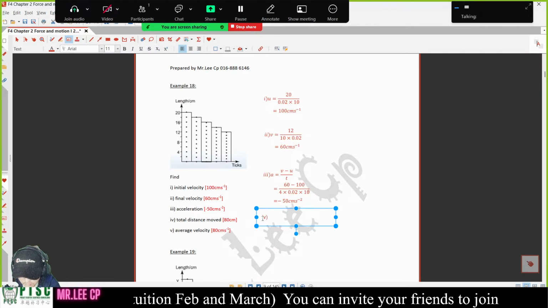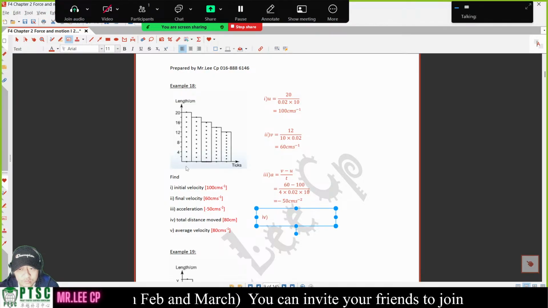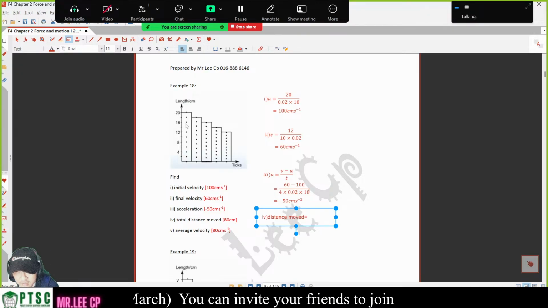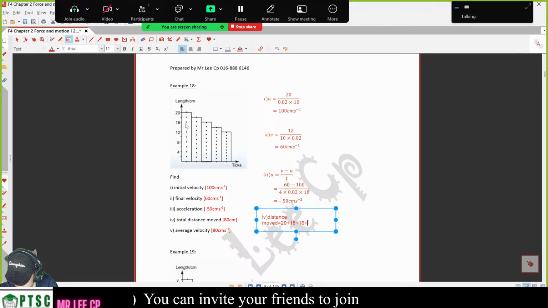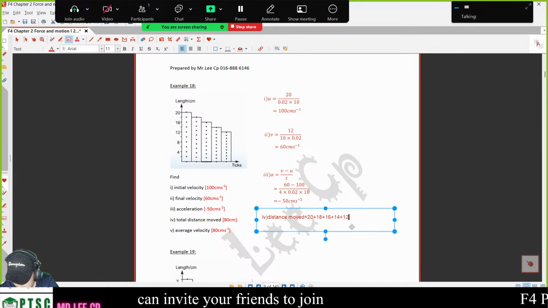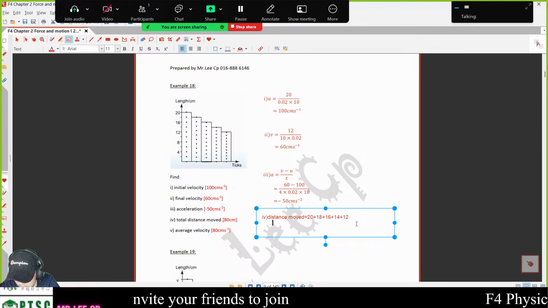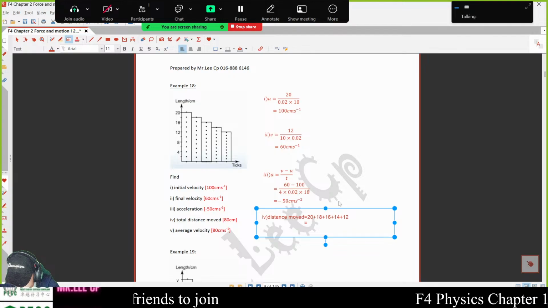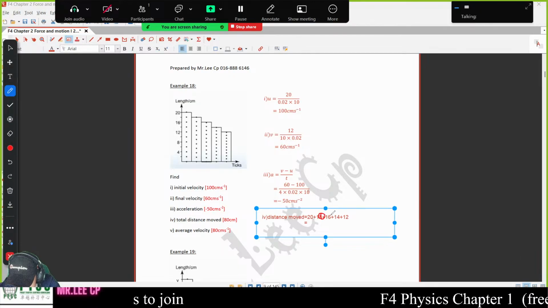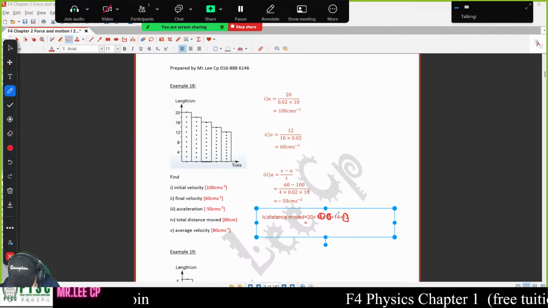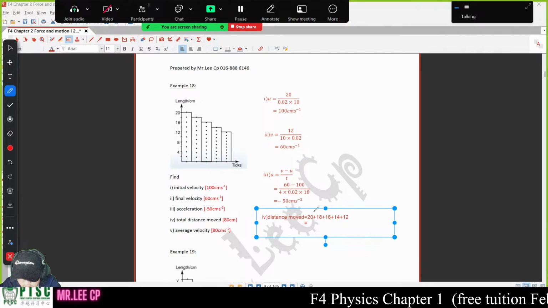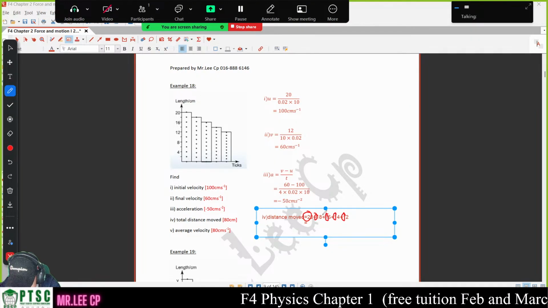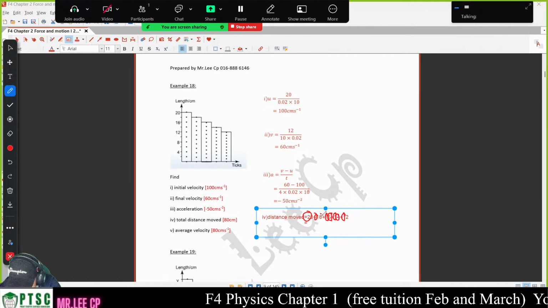Next, don't forget the total distance moved. So you add this up. The distance moved is 20 plus 18 plus 16 plus 14 plus 12. 20, 30, 40, 50, 60, 70, 80.